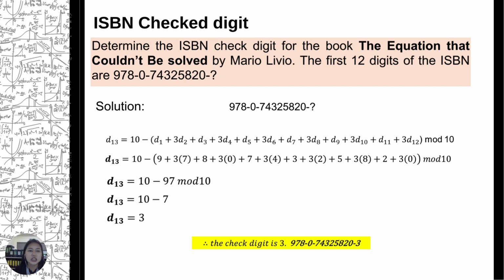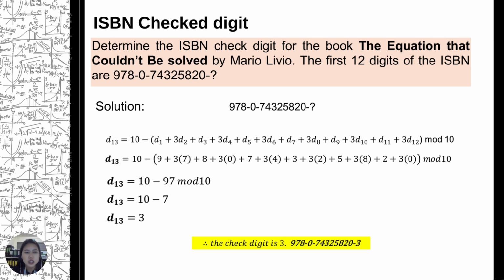Using this formula, D sub 13 is equal to 10 minus the quantity of the summation of D sub 1 plus 3D sub 2 plus D sub 3 plus 3D sub 4 plus D sub 5 up to 3D sub 12, modulo 10.